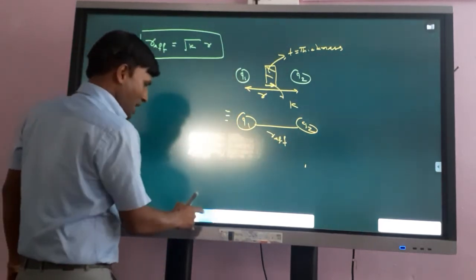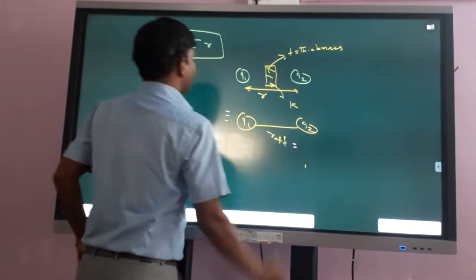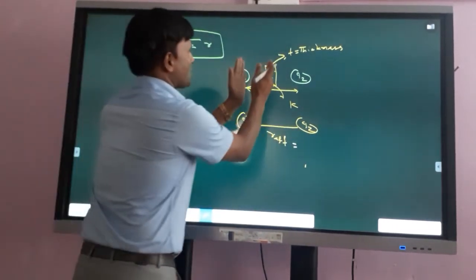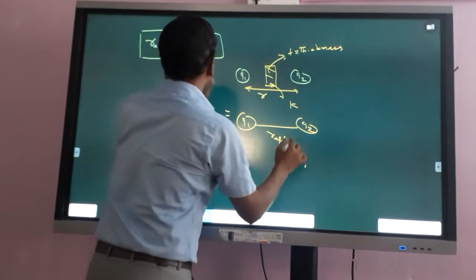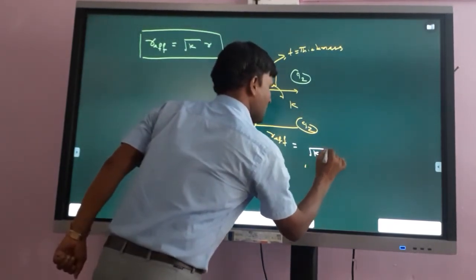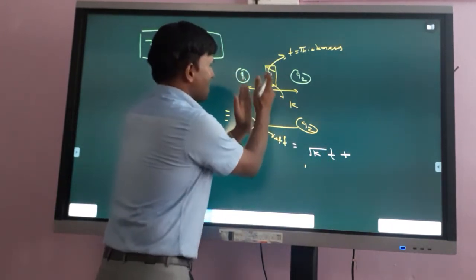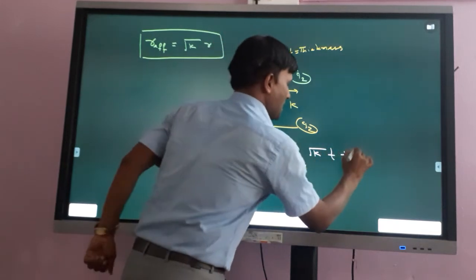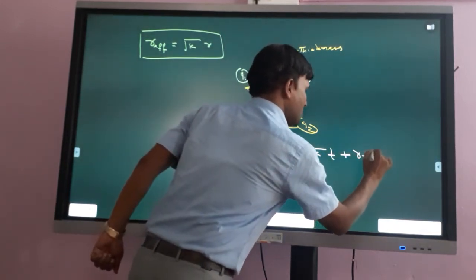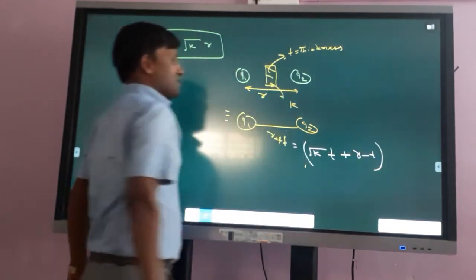Instead of this dielectric, you can put root K T, plus this R minus T, because this distance is subtracted, so R minus T, and that would be your effective distance.